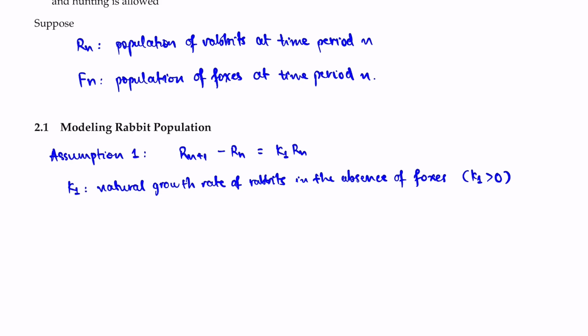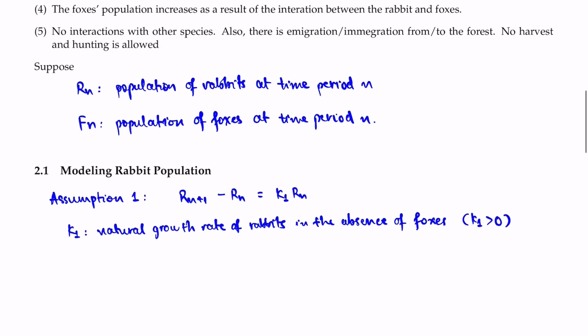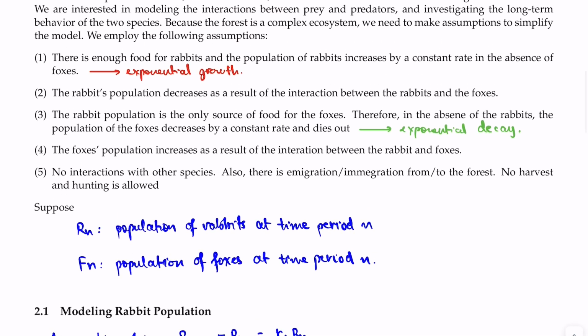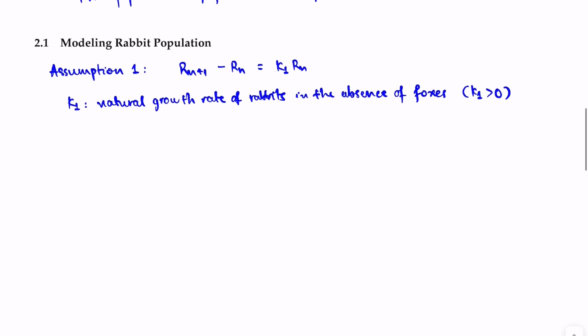Now we're going to use this equation we just got, R sub n plus 1 minus R sub n equal to k1 times R sub n, and modify it so that we can incorporate the second assumption in the model. The second assumption says that the rabbit population decreases as a result of the interaction between rabbits and foxes. So from assumption 2, originally we have the equation of the form R sub n plus 1 minus R sub n equal to k1 times R sub n.